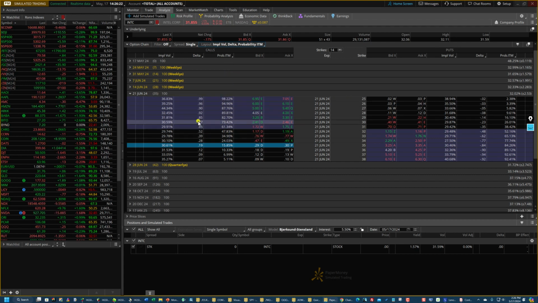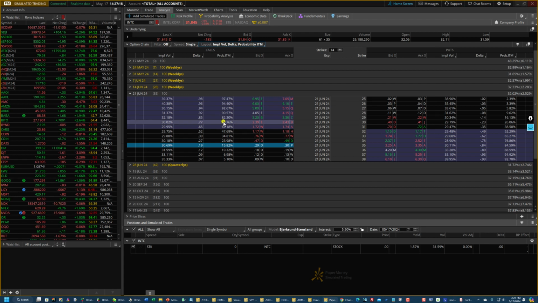Now the delta is the speed of the option, essentially. So I have a delta here of 77 on this option, the 30 strike price, which means that if the stock moves up $1, this option will gain 77 cents.